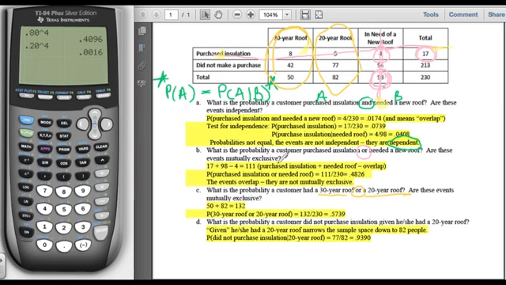Or means add, so I take my 50 plus my 82, those totals. That gives me 132. I'll divide that by 230, and that gives me 0.5739. Now, these do not overlap. You can't be in both categories at the same time. Therefore, these are mutually exclusive.